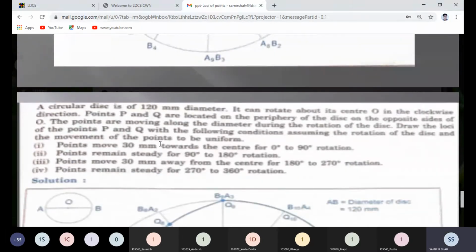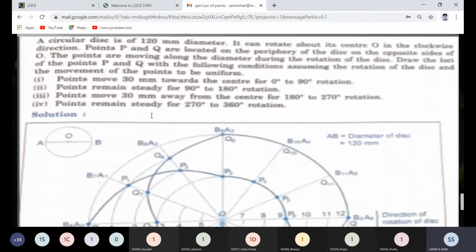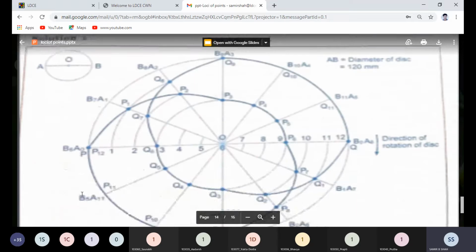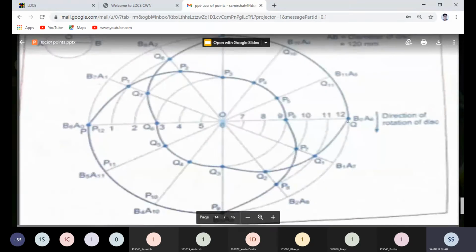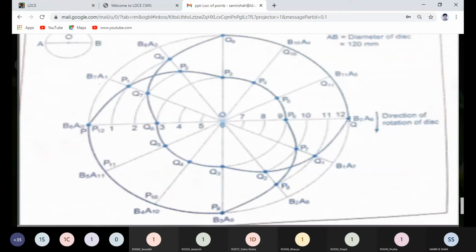As mentioned earlier in the data, P and Q are located on the periphery of the disc. So after drawing the circle, put P and Q on opposite sides of O.